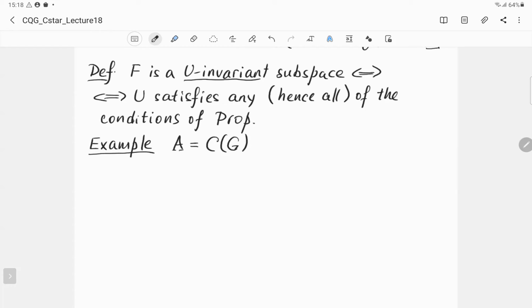So our element U, our co-representation U, is actually a representation of U on E, that is, a map from G to GL of E.